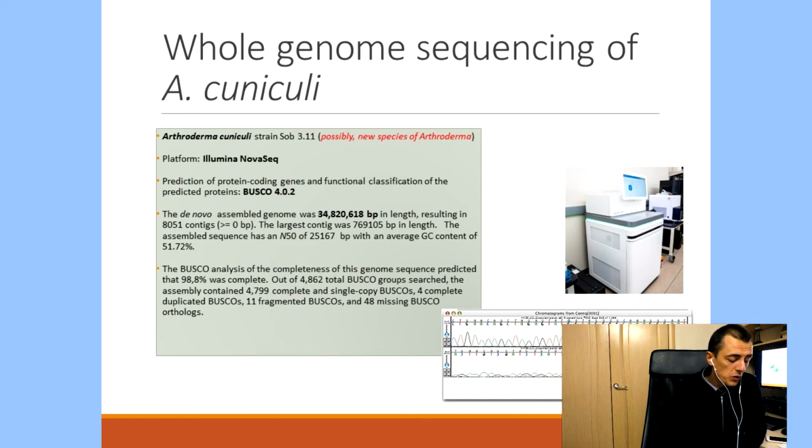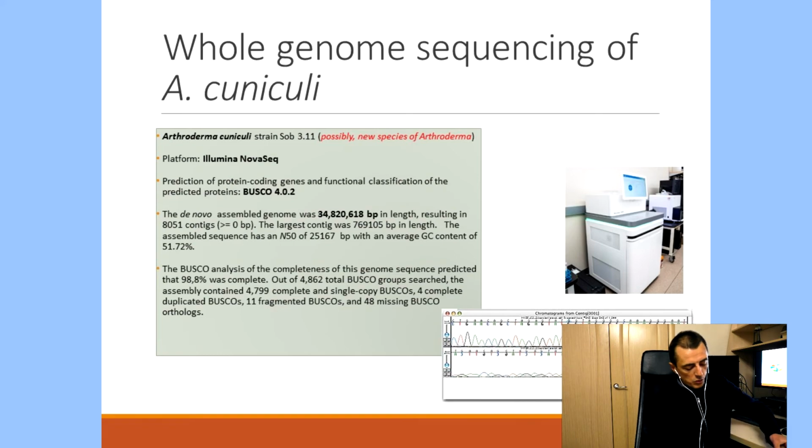So Arthroderma cuniculi is just our preliminary identification. And in the nearest future, we are planning to analyze this genome in detail and to clarify the taxonomic attribution of the species in collaboration with our Czech colleague Vít Hubka. Next, please.